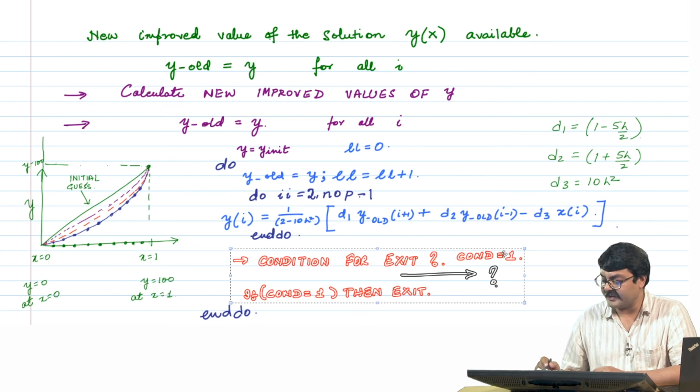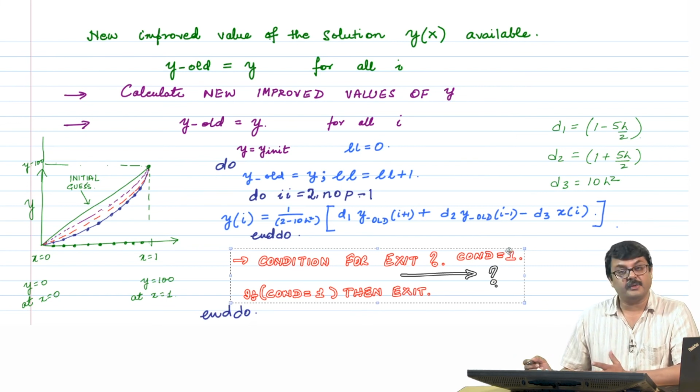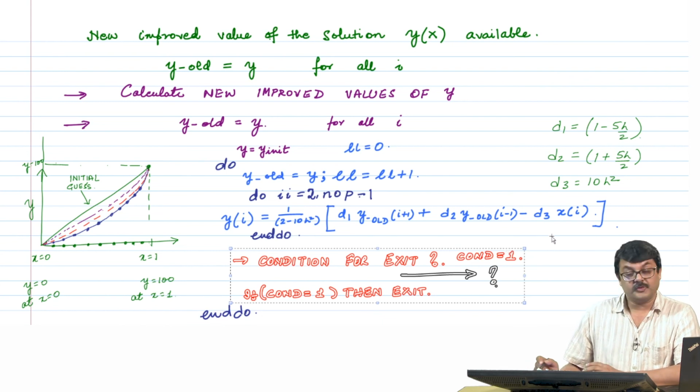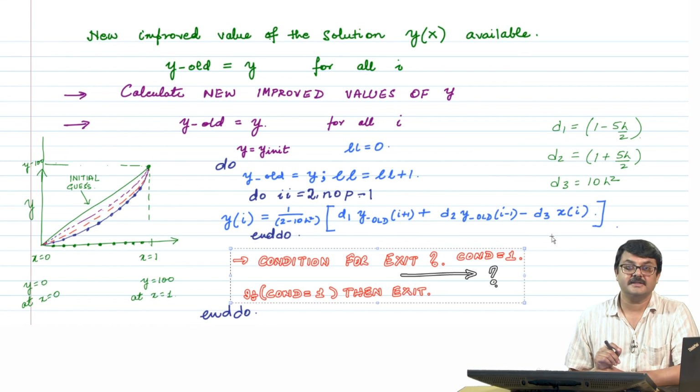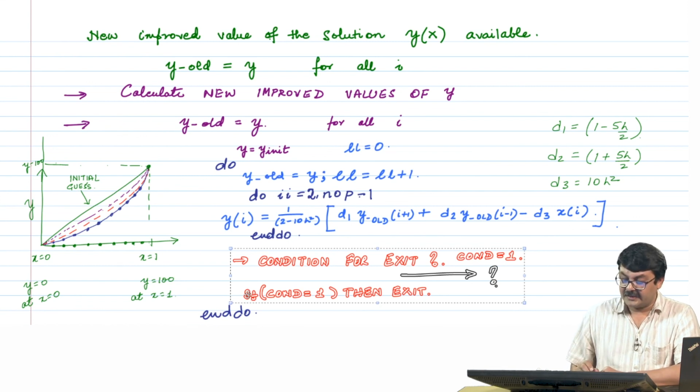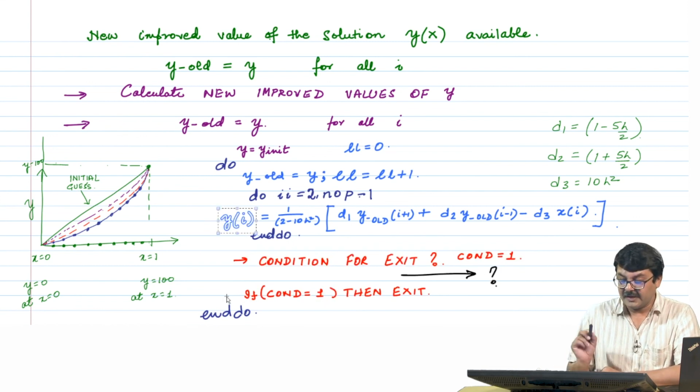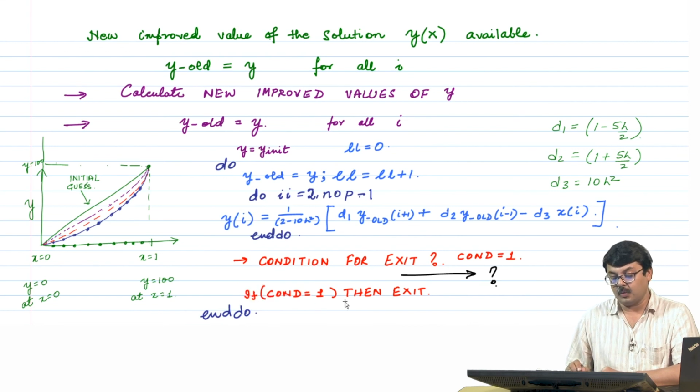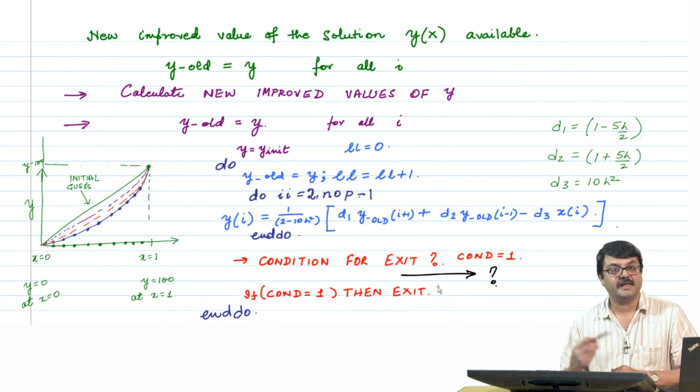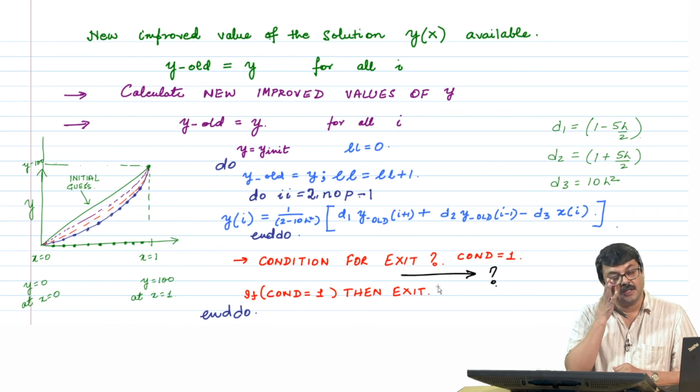Suppose you define a variable called cond for condition, and you set cond equal to 1 when a certain criterion is satisfied, depending upon the value of y. If cond equal to 1, then you exit this loop, and that is your final converged value of your yi.